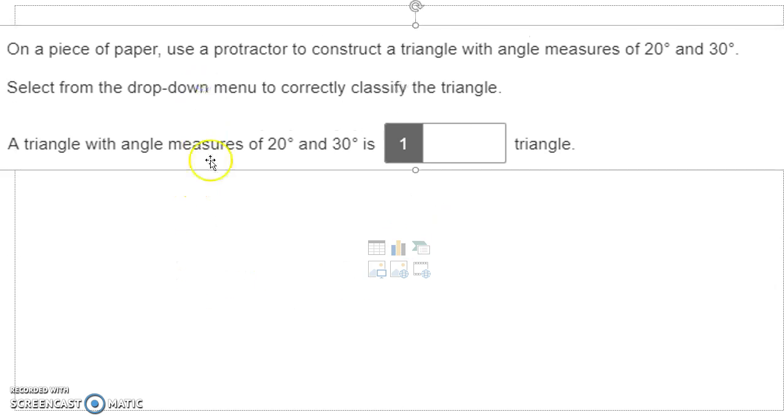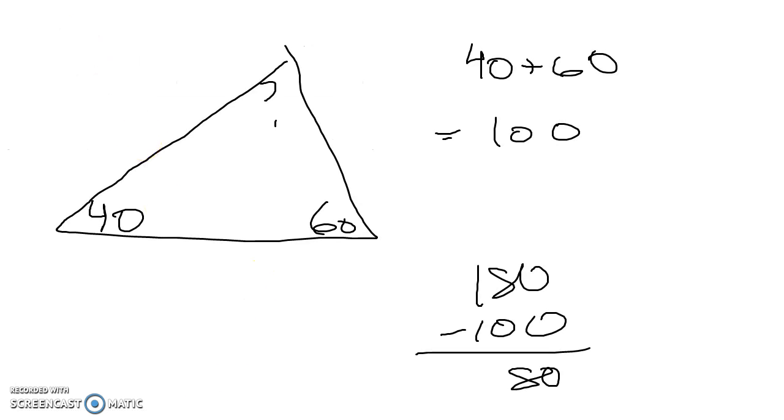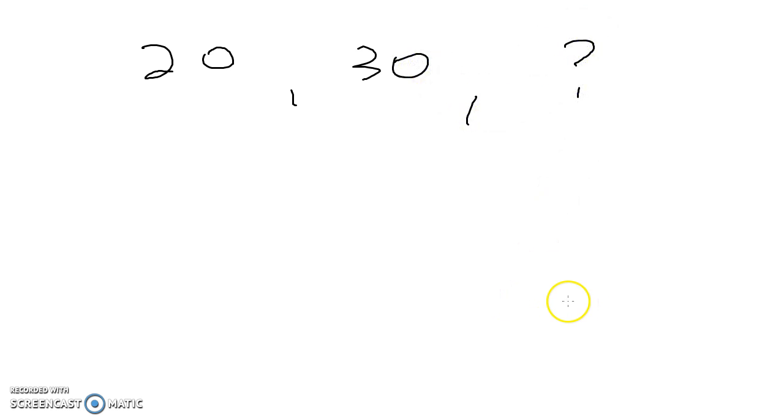On a piece of paper, use a protractor to construct a triangle with these measures, 20, 30, and then they want to know what kind of triangle this is. So 20 and 30, let's see here. 20, 30, and remember there's always 3 angles, so the last one's a question mark.